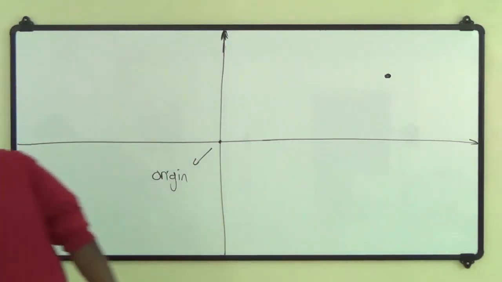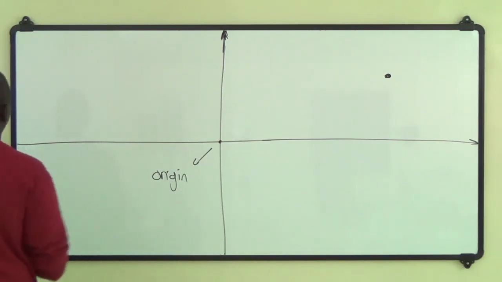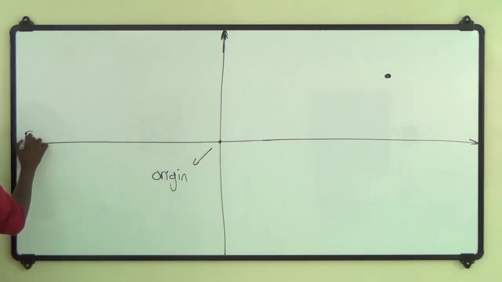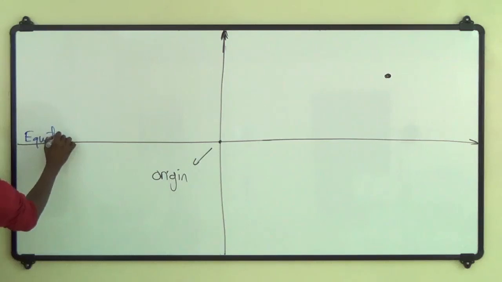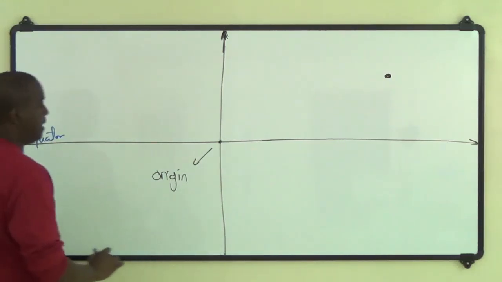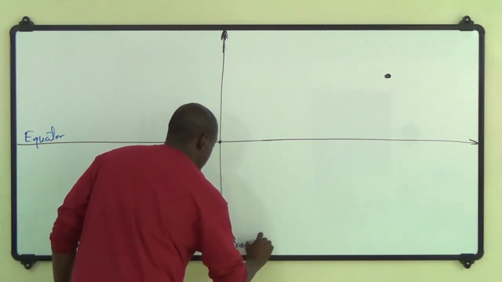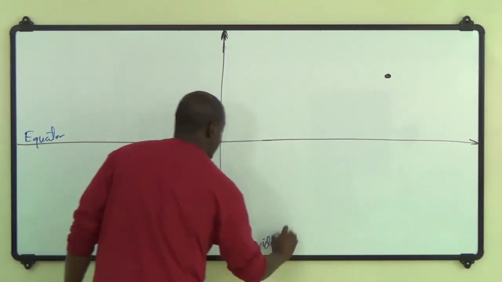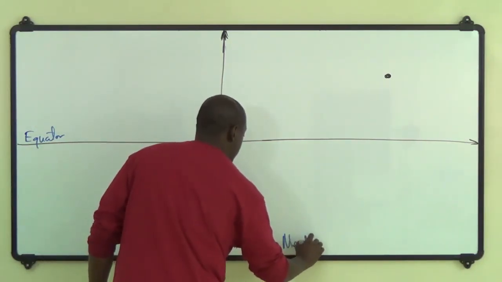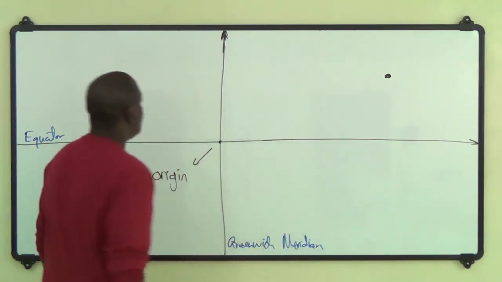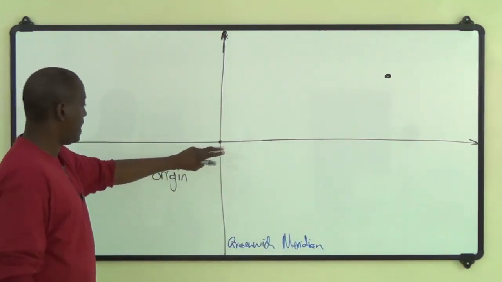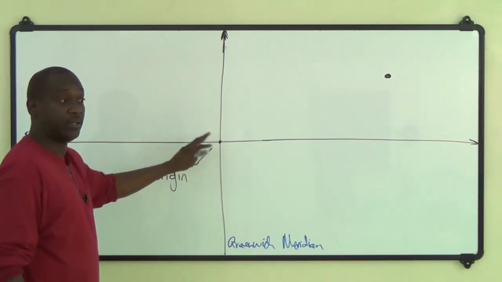So again, to continue with the geography analogy. So this we could make as the equator, and this would be your Greenwich meridian. Right? And this is your origin. I'm not sure where this point is, but check it out.